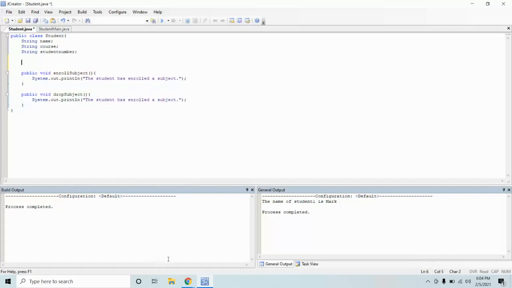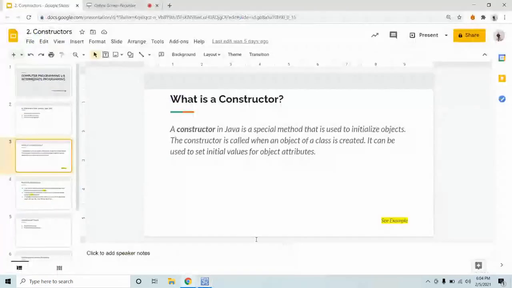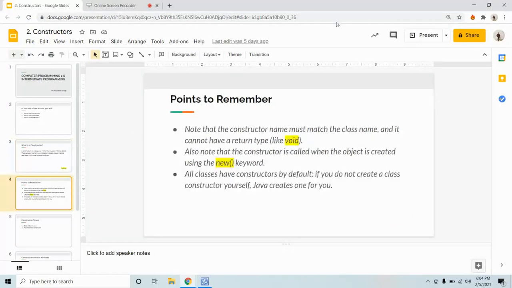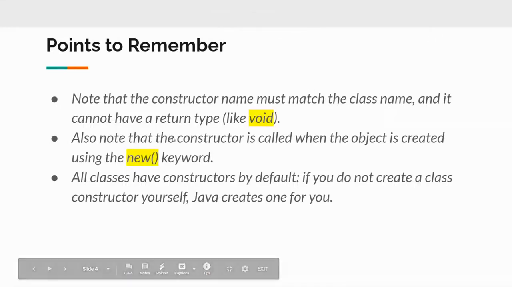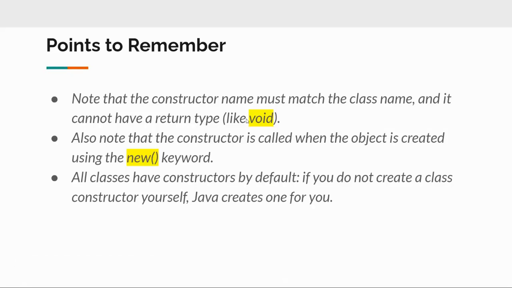Now, a constructor, if we go back to this side, a constructor name must match the class name and it cannot have a return type like void.